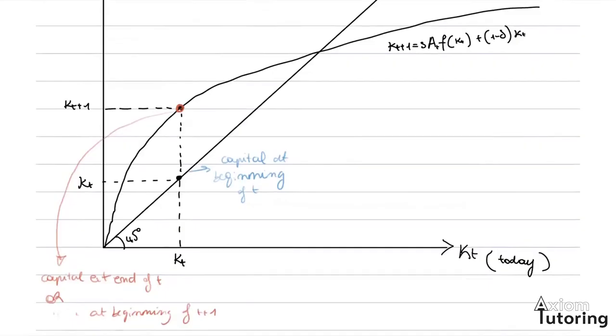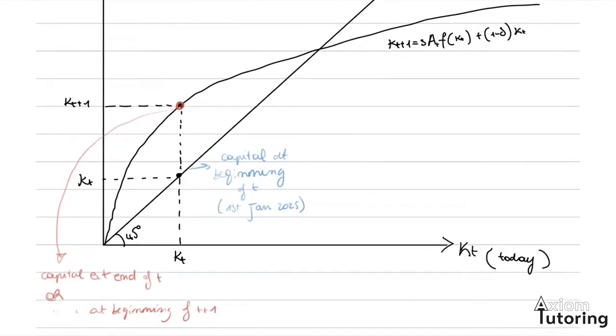So for example, if this is the level of capital on the 1st of January 2025, because we said that we are talking about the beginning, it means that at the end of 2025, so on the 31st December 2025, we will be here. And also at the beginning of 2026, so on the 1st of January 2026, we will still be at kt plus 1.